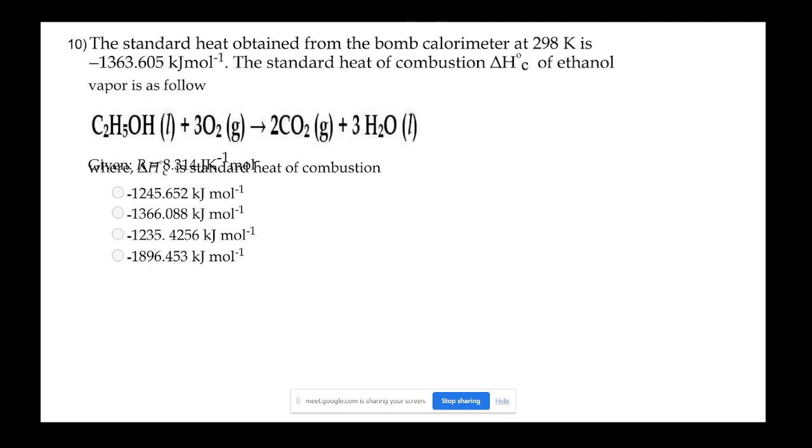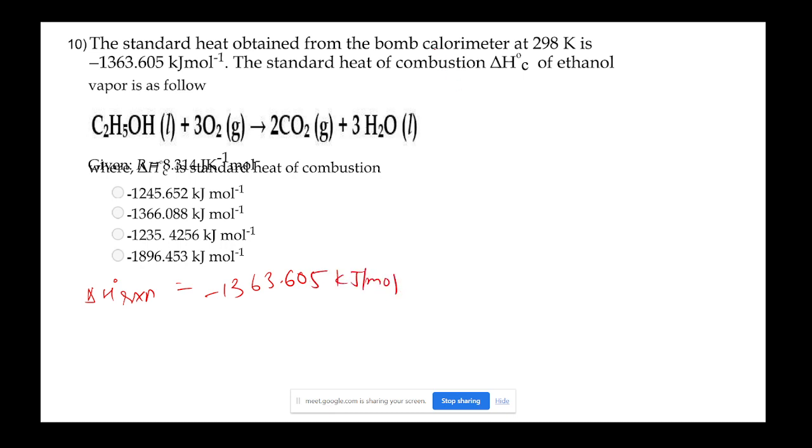Moving forward to the next question: the standard heat obtained from the bomb calorimeter at 298 Kelvin is dash. The standard heat of combustion delta HC0 of ethanol vapor is as follows. The standard heat of reaction in the bomb calorimeter is given as minus 1363.605 kilojoule per mole.